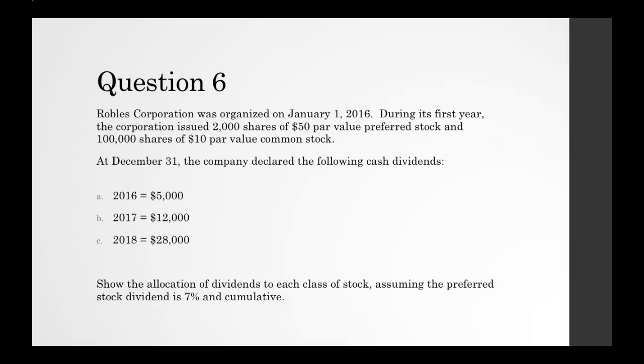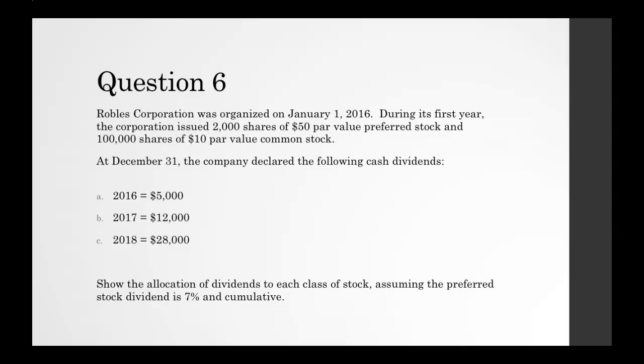So we have an amount for 2016, 2017, and 2018. We need to show how the company will allocate these dividends to preferred stockholders and common stockholders, assuming that the preferred stock dividend is 7% and cumulative.